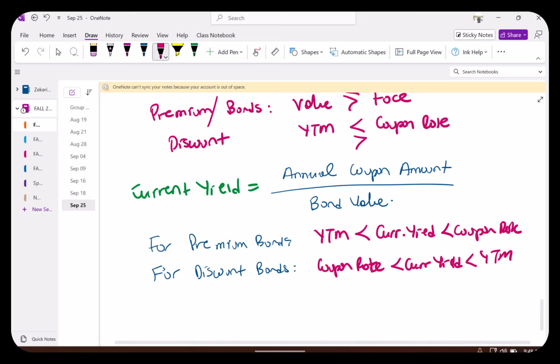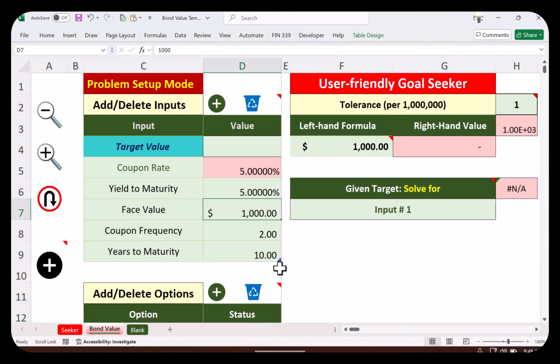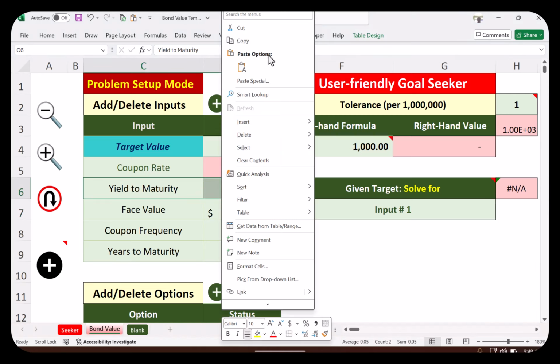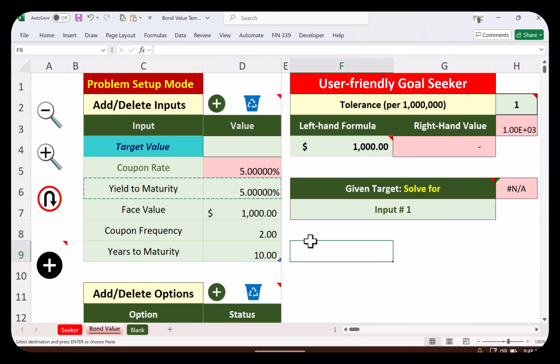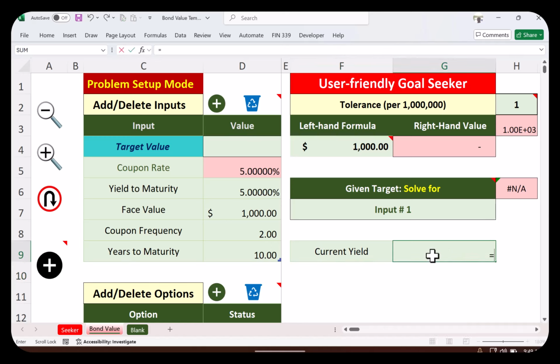So if I ever ask you to calculate the current yield, all you have to do is find the annual coupon amount and divide it by the bond value. Annual coupon amount is face value times coupon rate.